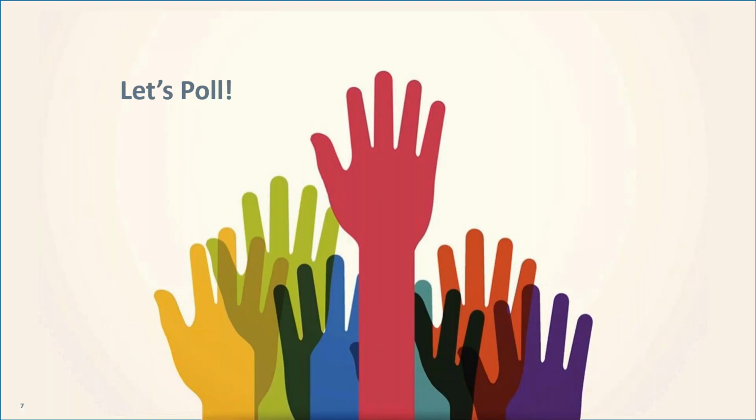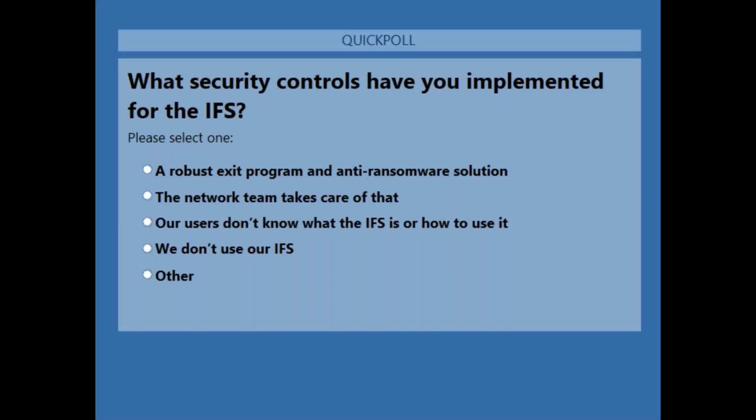But first, I actually want to kick this off with a poll, really trying to get an idea of what you guys are doing for security on IBM at this point. So kind of curious as to what security controls you have actually implemented in your environment. Whether you have a robust exit program, an anti-ransomware strategy, if your network team is the one who's in charge of that, are you kind of relying on a wing and a prayer, your users don't know what the IFS is or how they would actually use it.